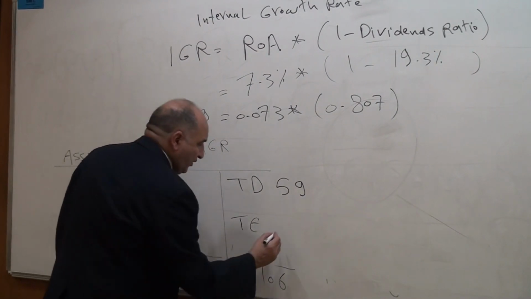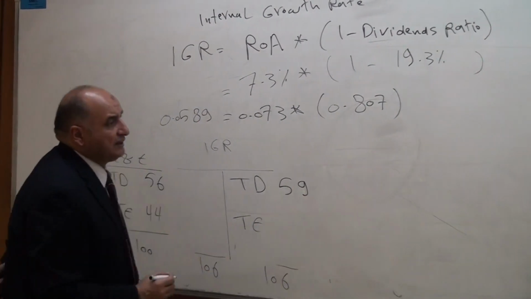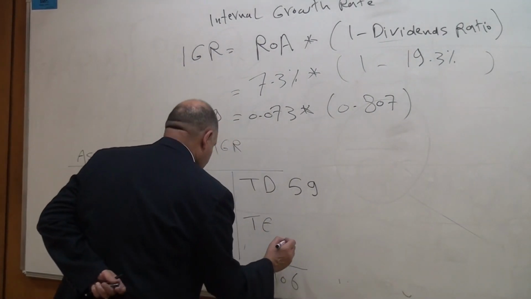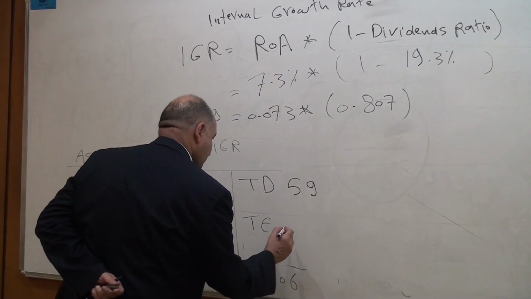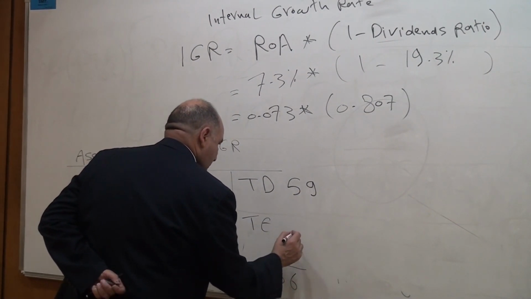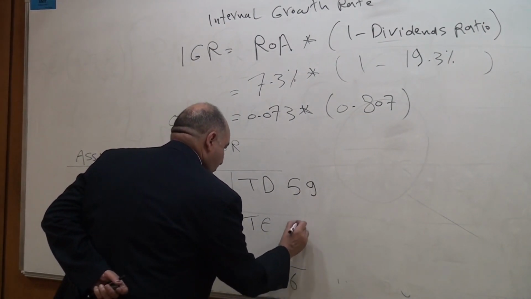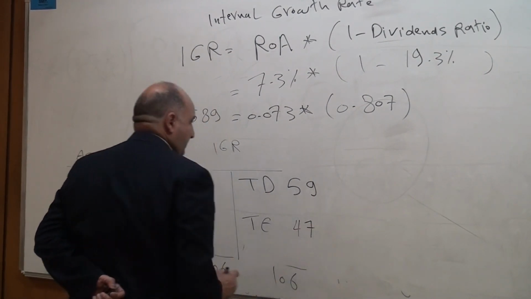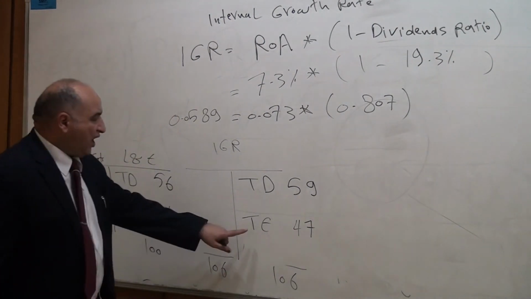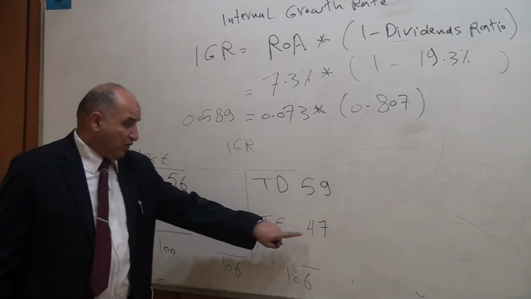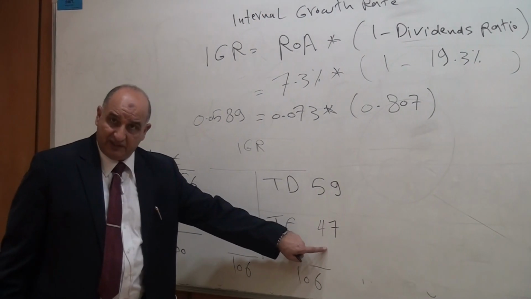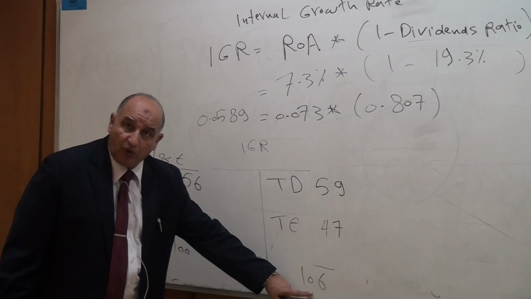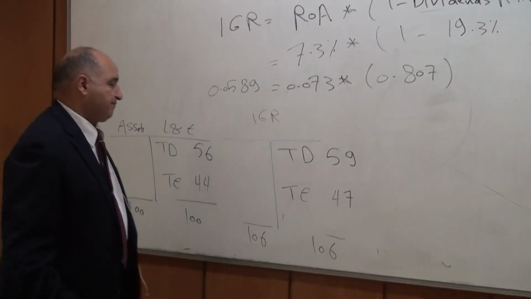In this case, our equity will be 47. This is the summation of those, which will be 106.